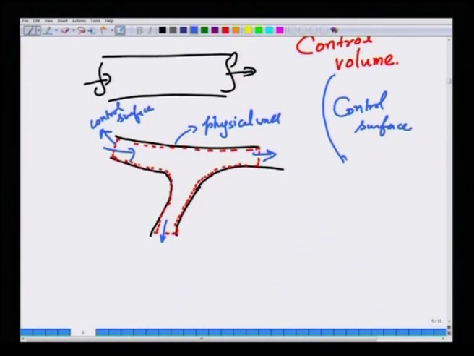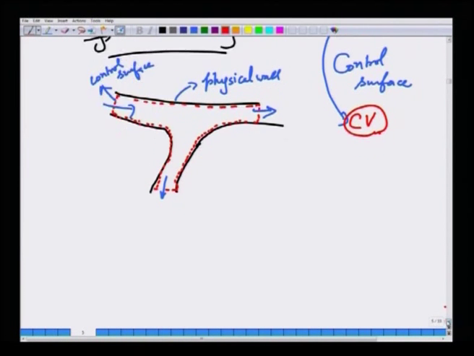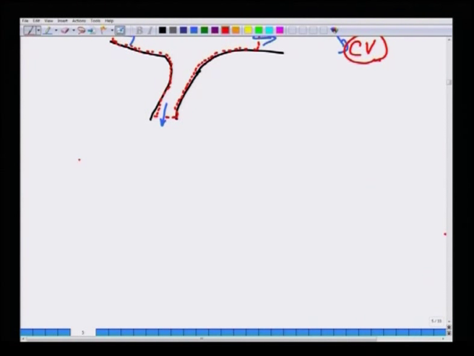But this control volume is normally denoted by the shorthand form CV. The CV approach has its own disadvantages, because Newton's second law is not directly applicable to a CV, because a CV is not an identifiable piece of matter.